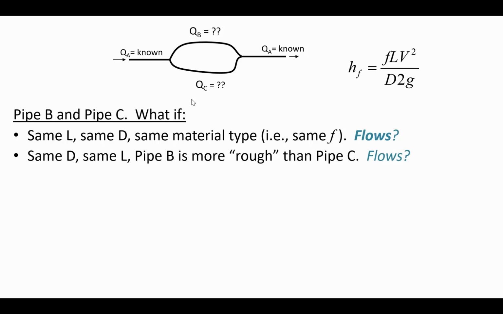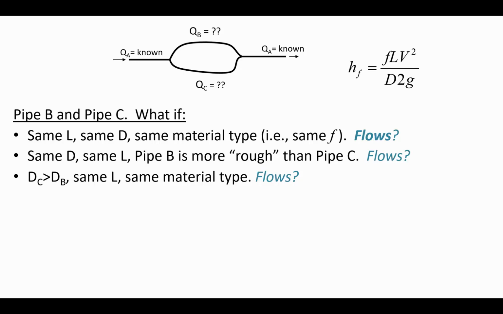Let's think about another real-world illustration. What if it's the same pipe material, the same length, but now pipe C has a larger diameter and pipe B is a smaller diameter. So which of the two pipes is going to have more flow? C, good. Everyone agrees.